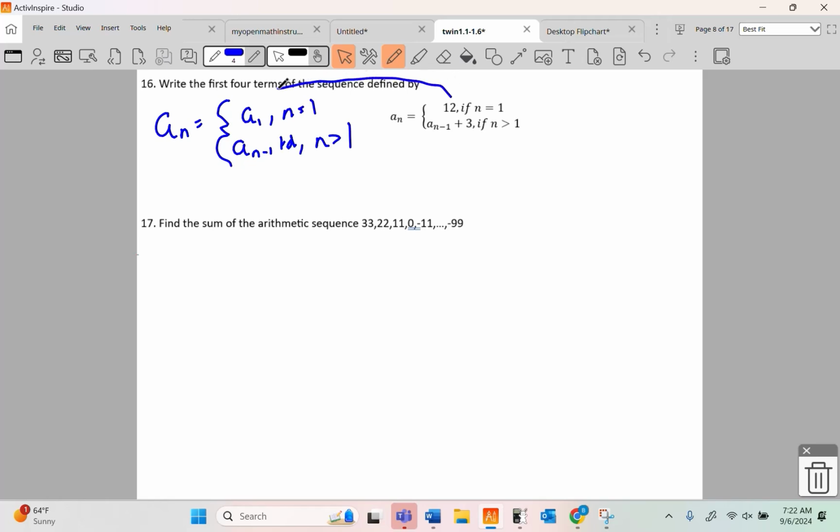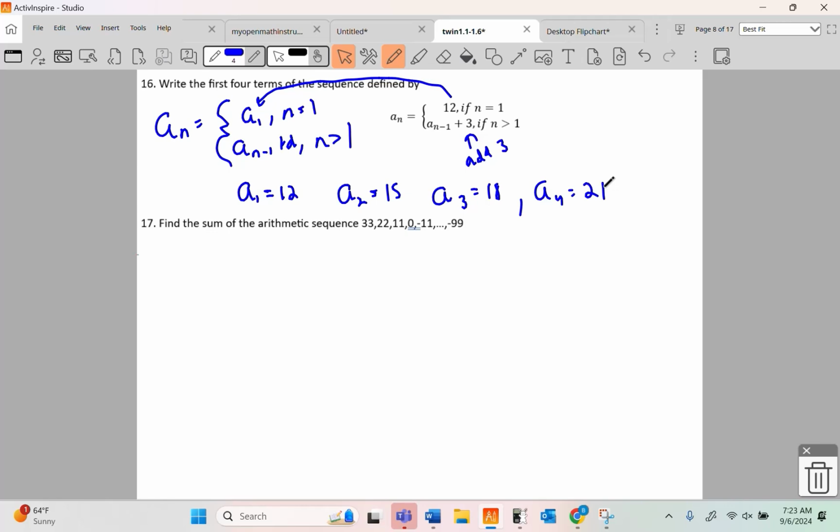So the first term has got to be 12. And this is saying add 3. So if I take 12 and I add 3, I get 15. If I add 3 again, I get 18. How many terms do I want? 4. If I add 3 again, I get 21 because I'm adding 3 as I move right.